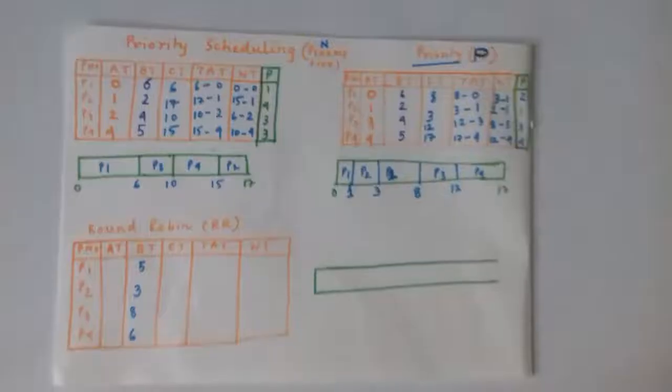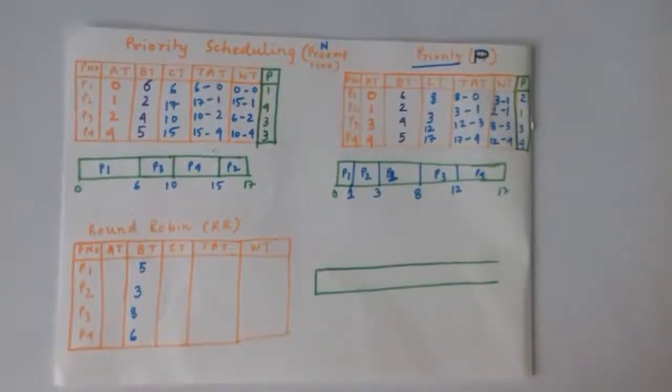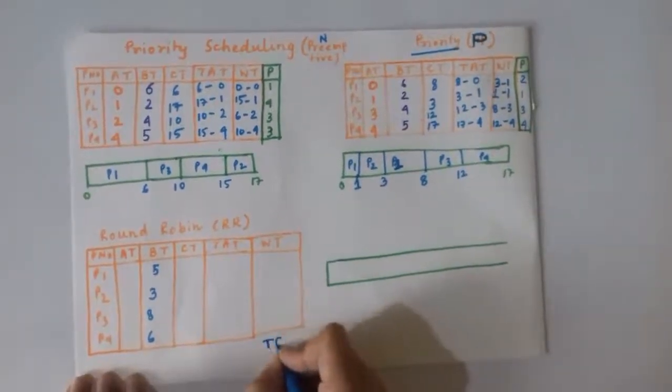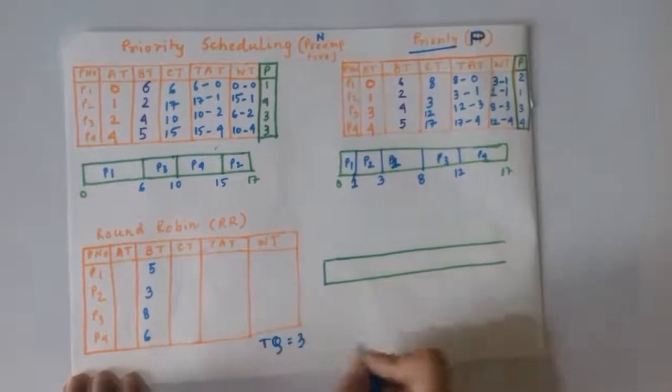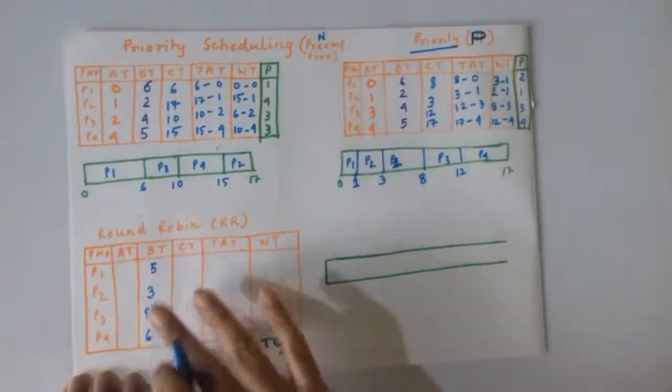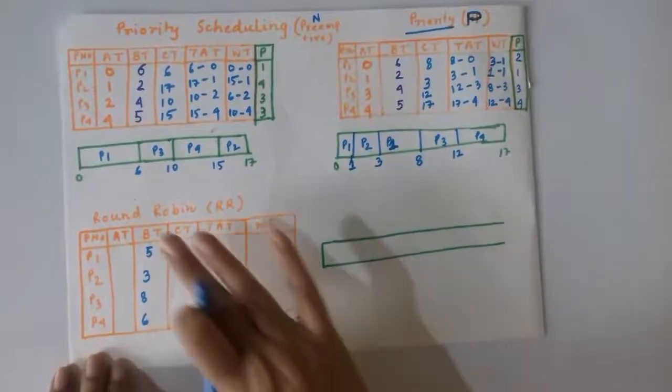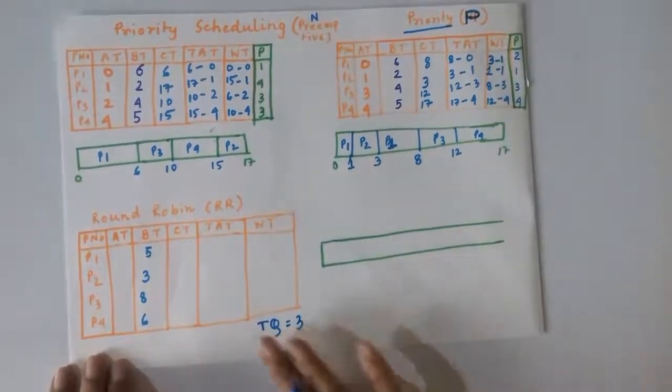So in this example, I am taking the time quantum equal to 3. I may take 3, I may even take 4, it does not matter much. So let us take 3 and solve it.